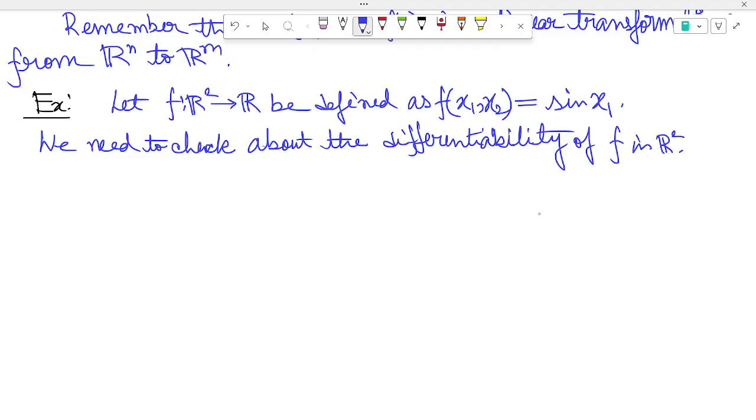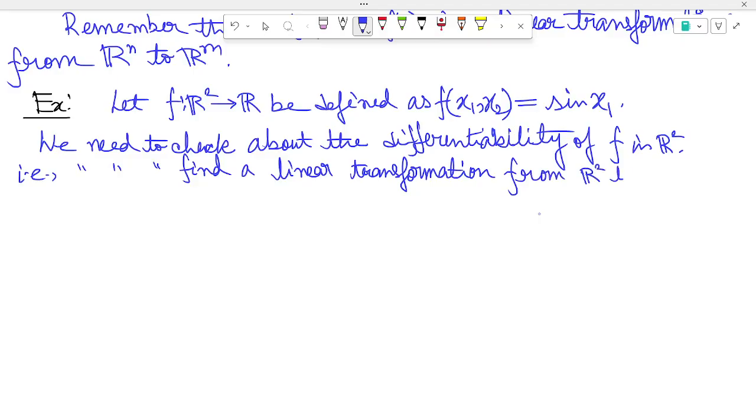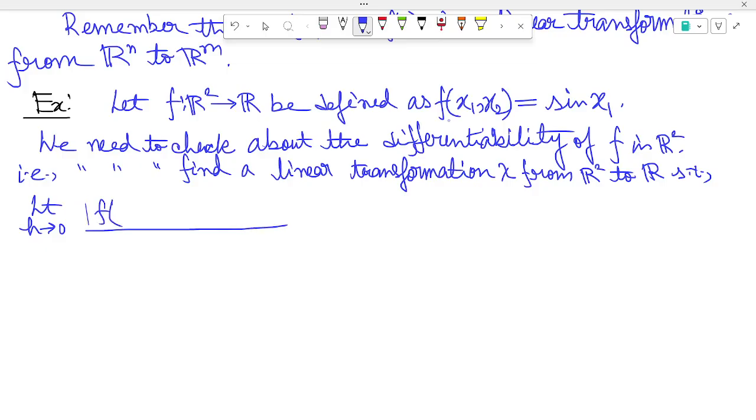That means we need to find the linear transformation from R square to R, such that, with linear transformation lambda, the limit as h tends to 0 of f of a plus h minus f of a, or here f is two dimensional, so I can write a comma b.